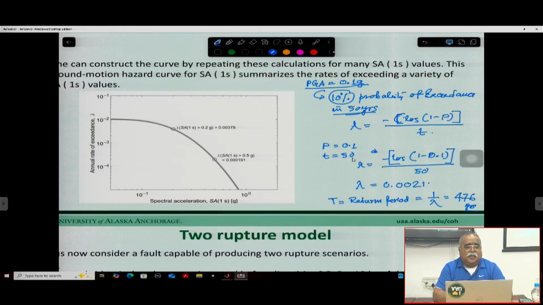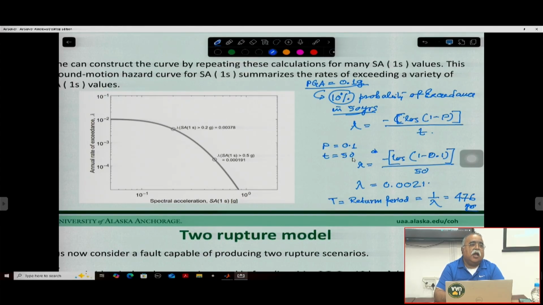That means 0.1 g can be exceeded at that site in about 475 years, right? So that's what 10% probability of exceedance in 50 years means. In general, our probabilistic seismic hazard analyses give the numbers at a particular site based on this.